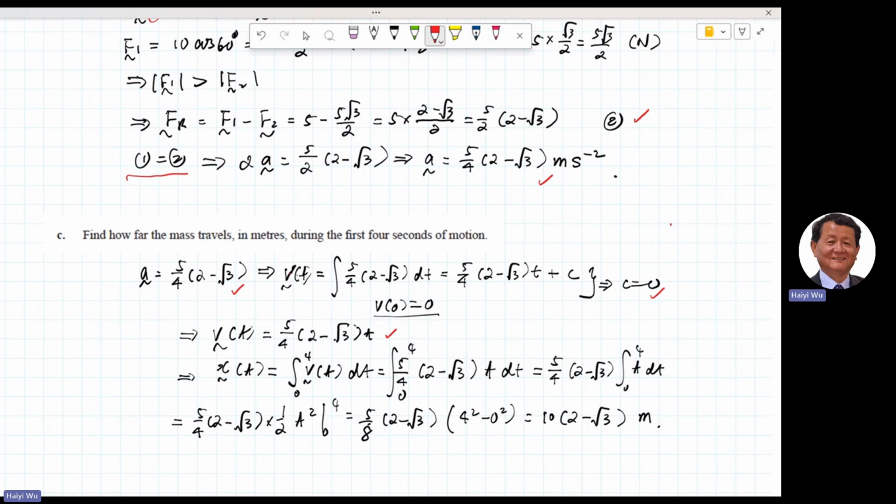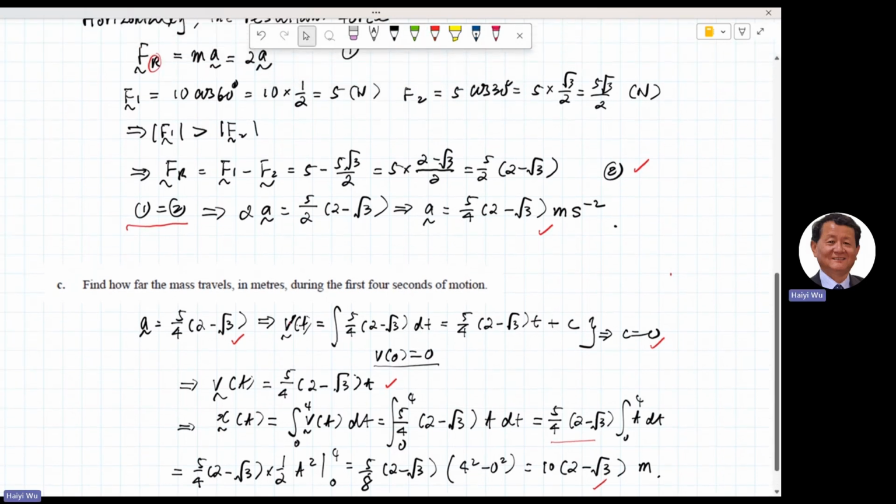We put the constant outside, integrate t to get half t squared, and substitute 0 and 4 into the equation. The answer will be 16 divided by 8 times 5, which is 10. So the total distance is 10 times (2 minus square root 3) meters. So that's question C.